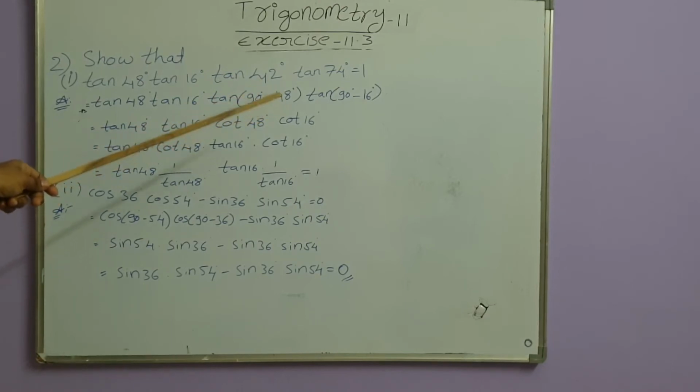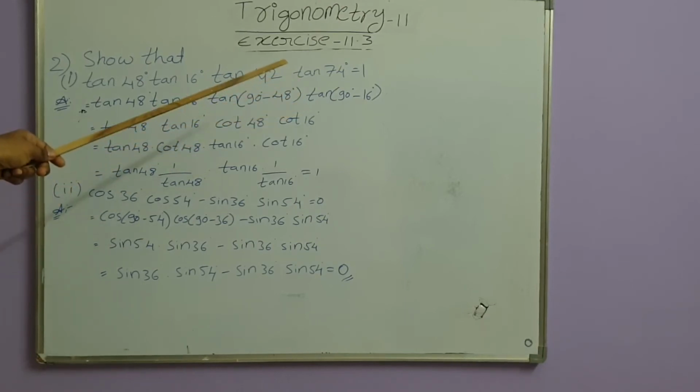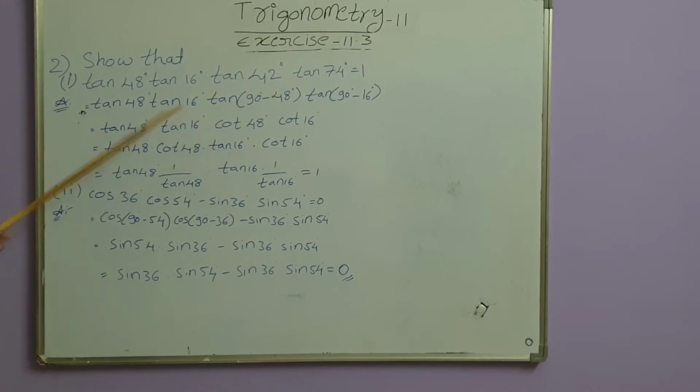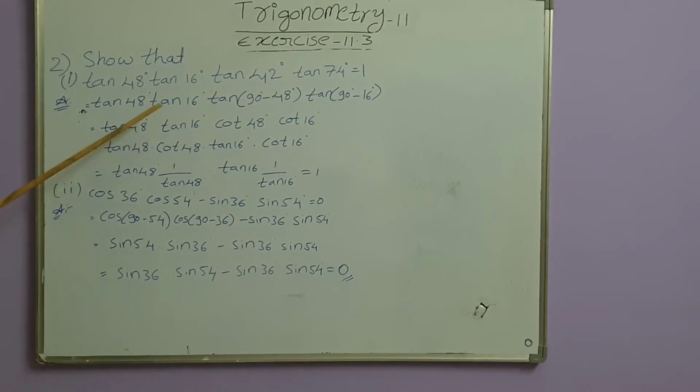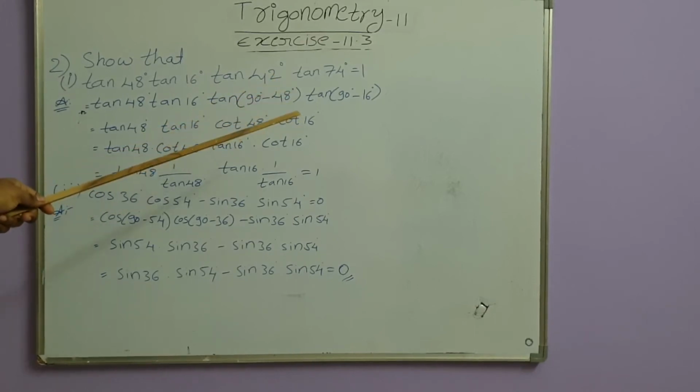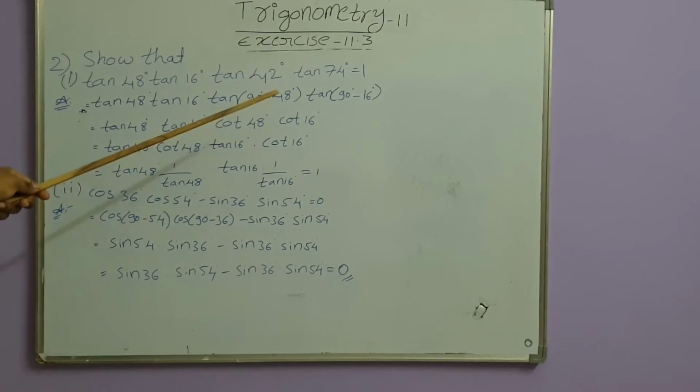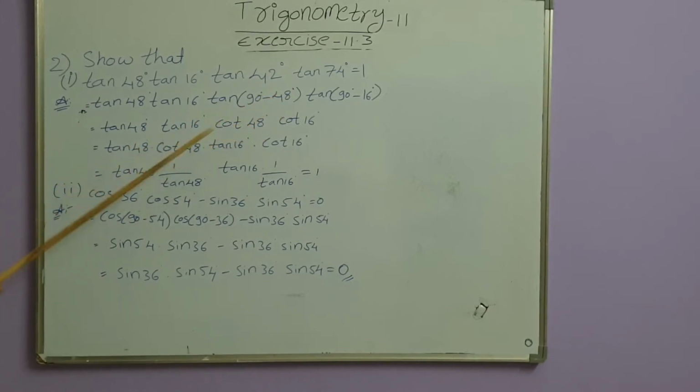Next, tan(90 minus 16), tan 74. Tan(90 minus a) is cot a, so cot 48 degrees and cot 16 degrees.